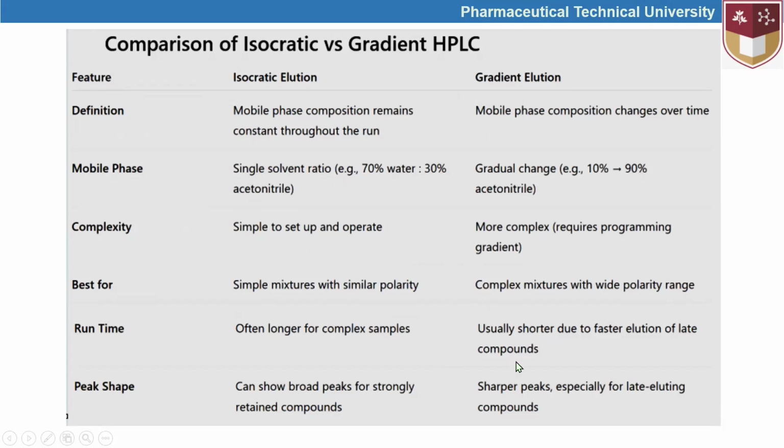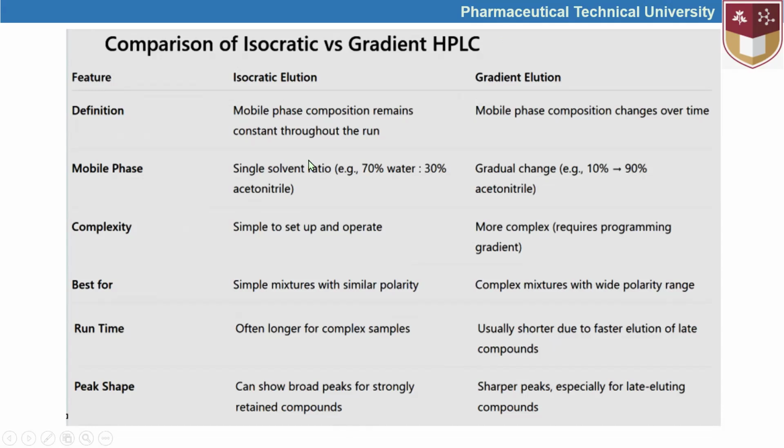But if the compounds are in a mixture like extracts, gradient elution is expected to be more appropriate than isocratic elution. The runtime in isocratic is often longer for complex samples, because the separation in isocratic elution may not be as effective as in gradient elution. In gradient, it is usually a bit shorter, not much.